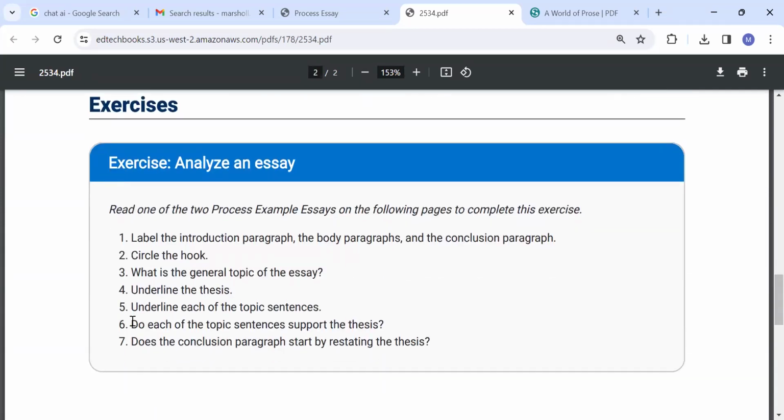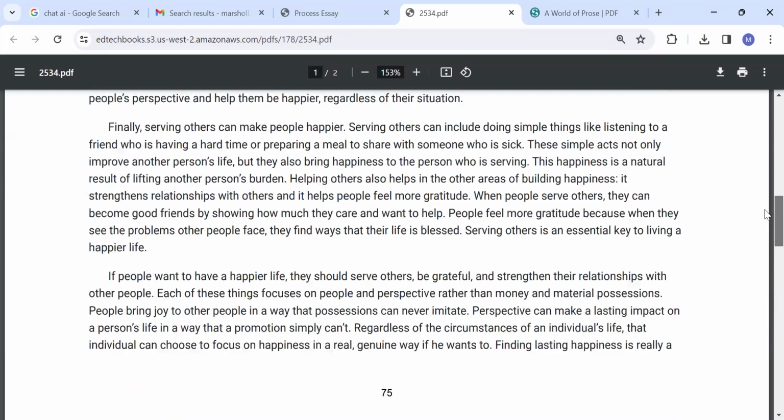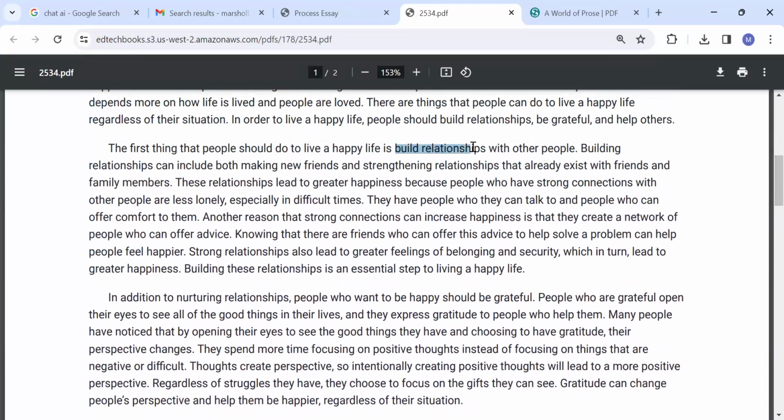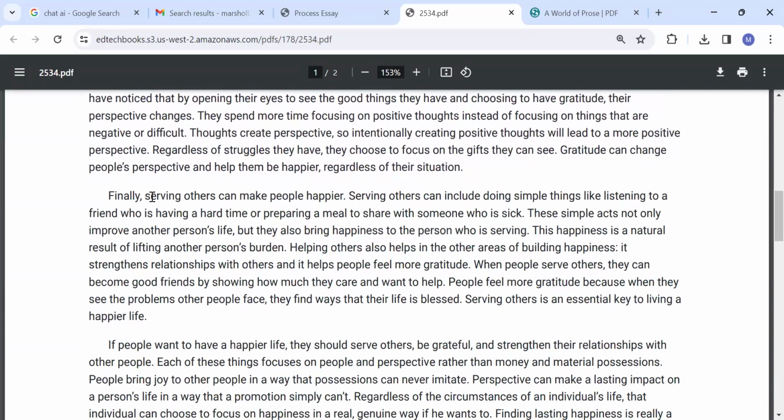Then it asks, does each topic sentence support the thesis? Well, looking at it, the first one was build relationships. That's there in the thesis. The next one was be grateful. That's also there in the thesis. And help others, which is our final paragraph that says to be of service.